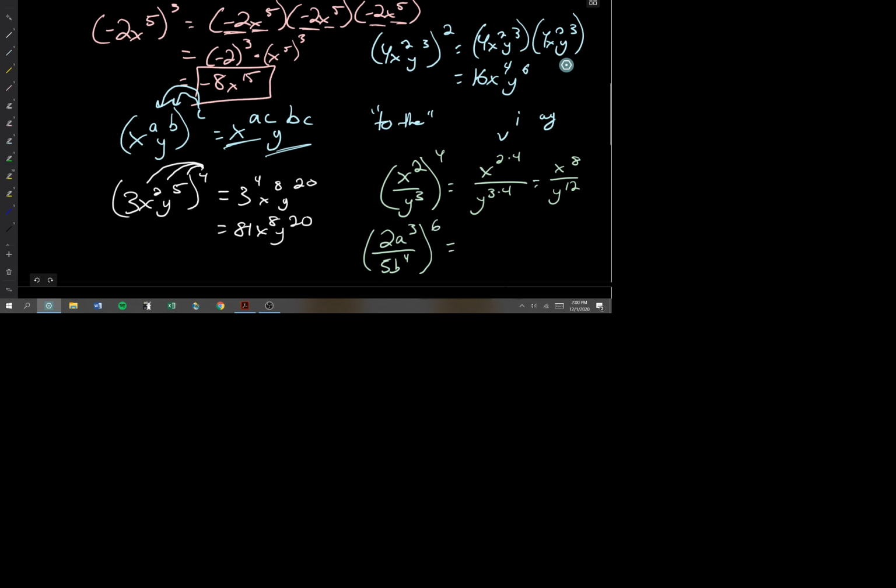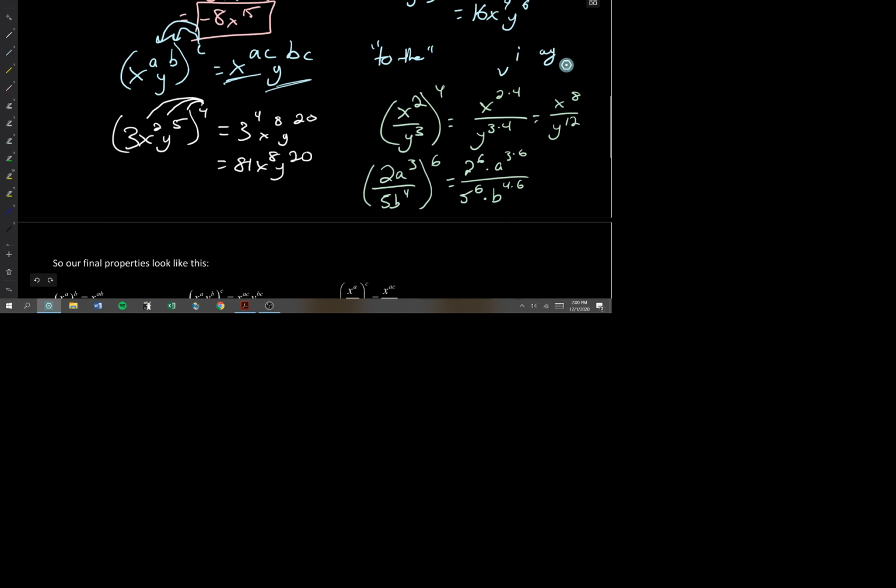Well, I shouldn't have done 6 because 5 to the 6 is going to be a pretty big number. But what I would do is 2 to the 6 times a to the 3 times 6 over 5 to the 6 times b to the 4 times 6. Every single thing is brought to the 6th power, which is going to become 2 to the 6 is 2, 4, 8, 16, 32, 64.